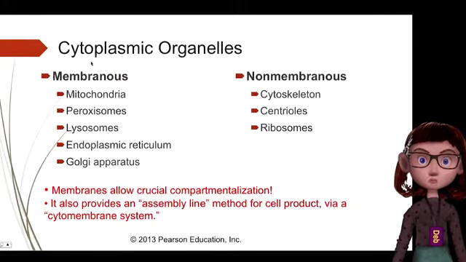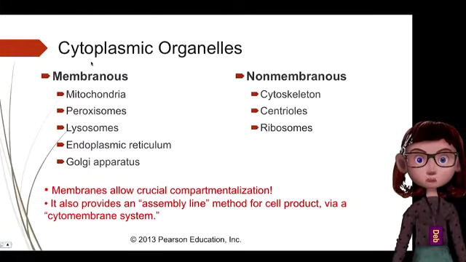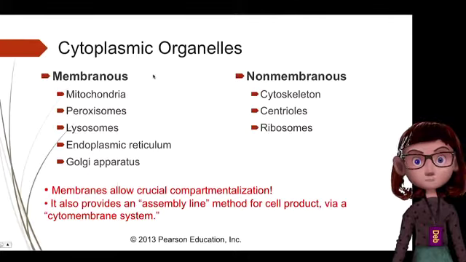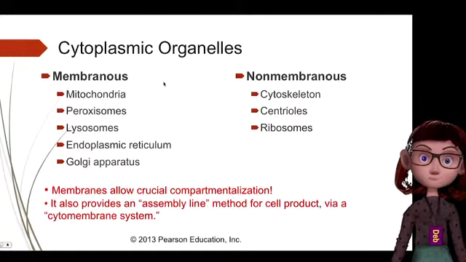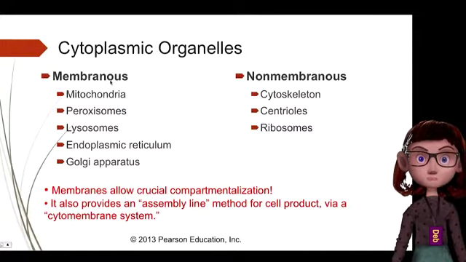I like to look at the cellular organelles in relation to what we call a cytomembrane system. And so there's membranous cytoplasmic organelles. That means that these organelles are bound with cell membrane.